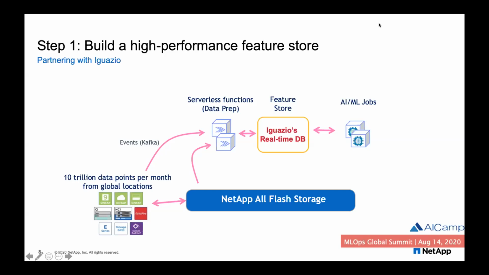But we took that Spark streaming code, which was in Scala, took all the logic out of it and rewrote it as simple Python serverless functions, using this thing called Nuclio, which is part of Iguazio. Like I said, when we initially did that, people questioned whether it was a smart idea, but it turned out to be amazing for us. It's much less code, much easier to understand and manage, and it's really fast.